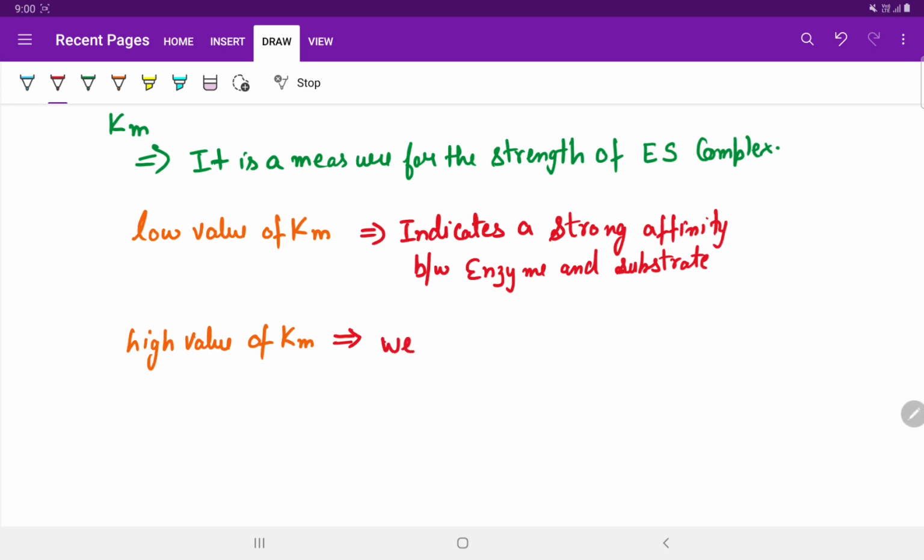So this indicates weak affinity between enzyme and substrate.